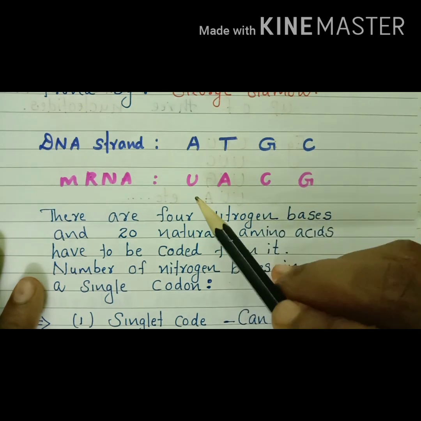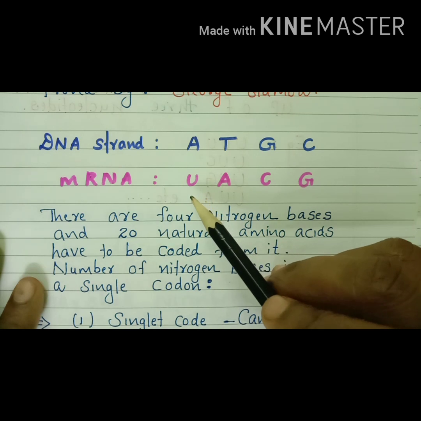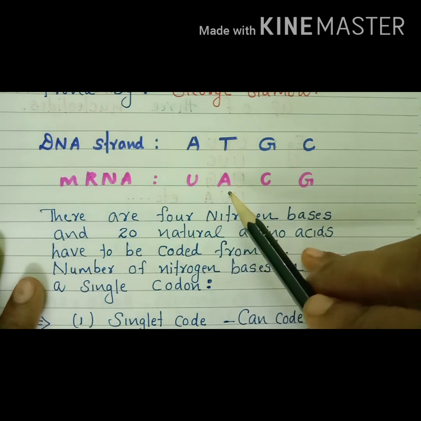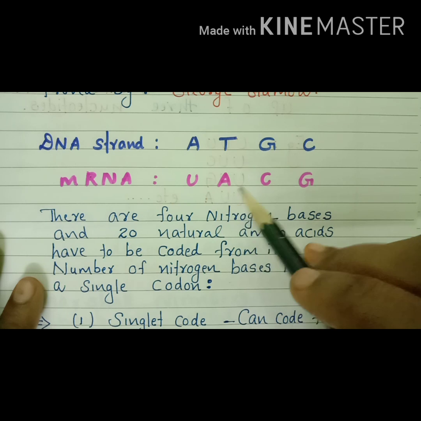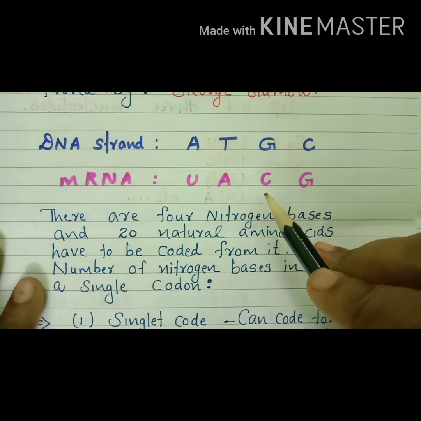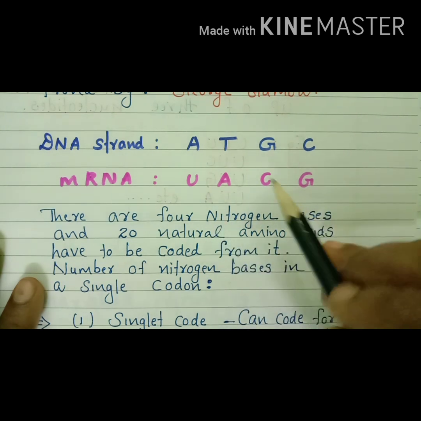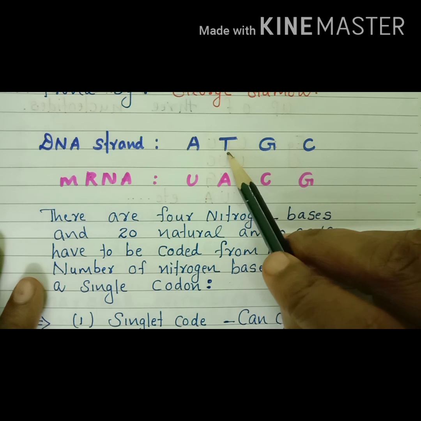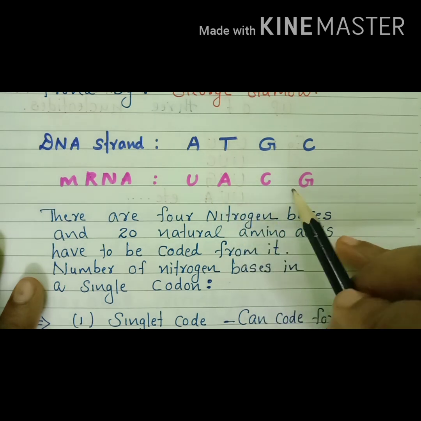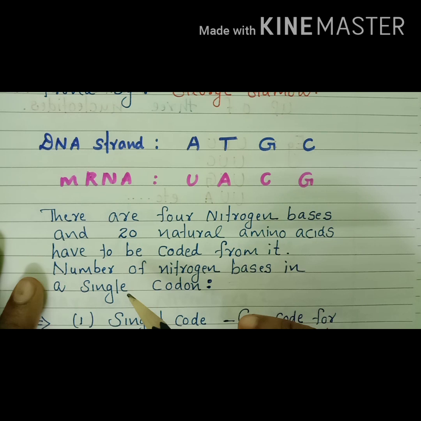What are they? Uridine monophosphate, adenylic acid or adenine monophosphate, cytidine monophosphate and guanosine monophosphate. So these are the 4 types of nitrogen bases in DNA and 4 types in mRNA also.